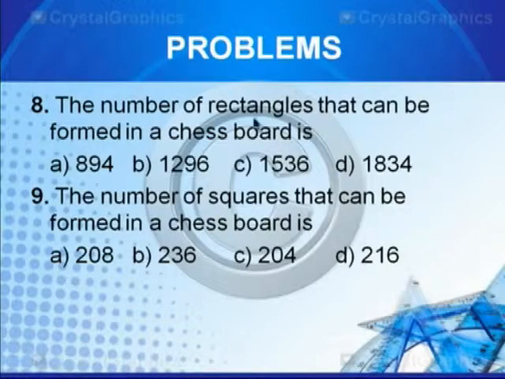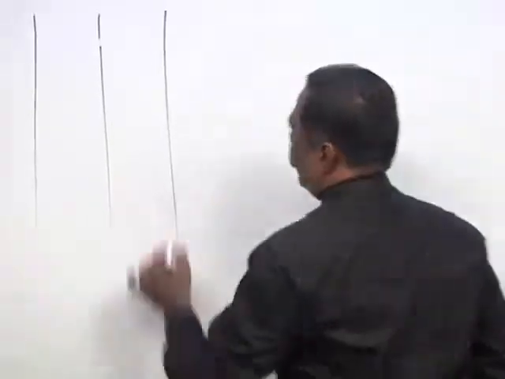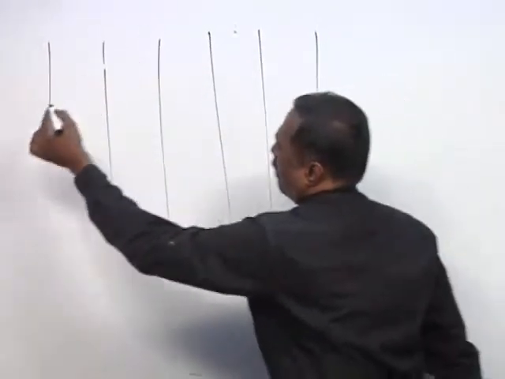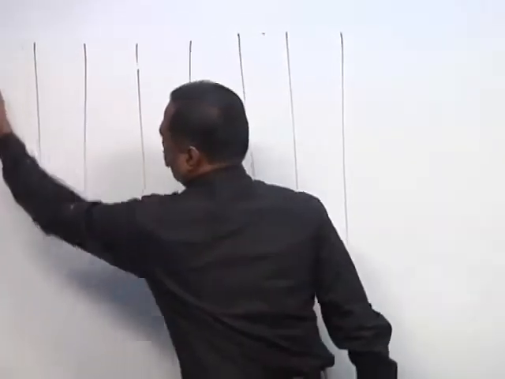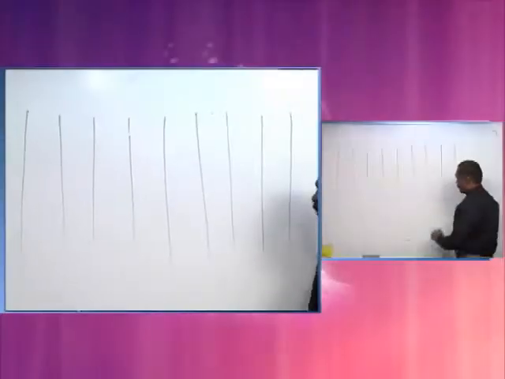The number of rectangles that can be formed on a chessboard. On a chessboard, you know, 1, 2, 3, 4, 5, 6, 7, 8, 9 vertical lines will be there.